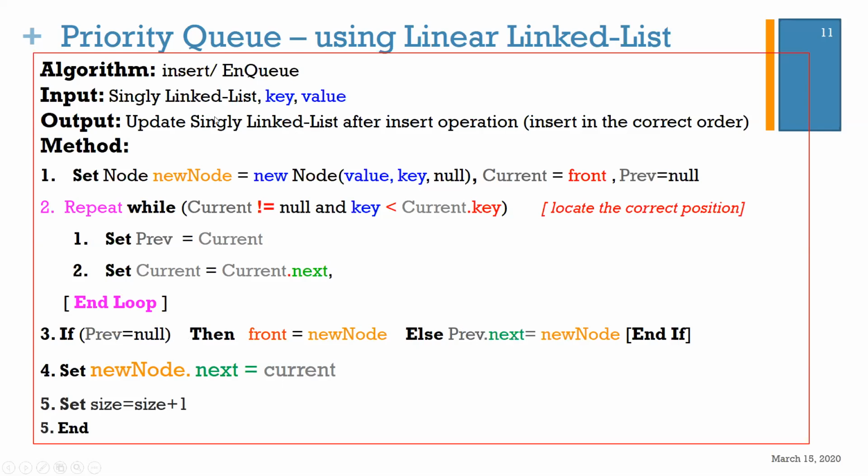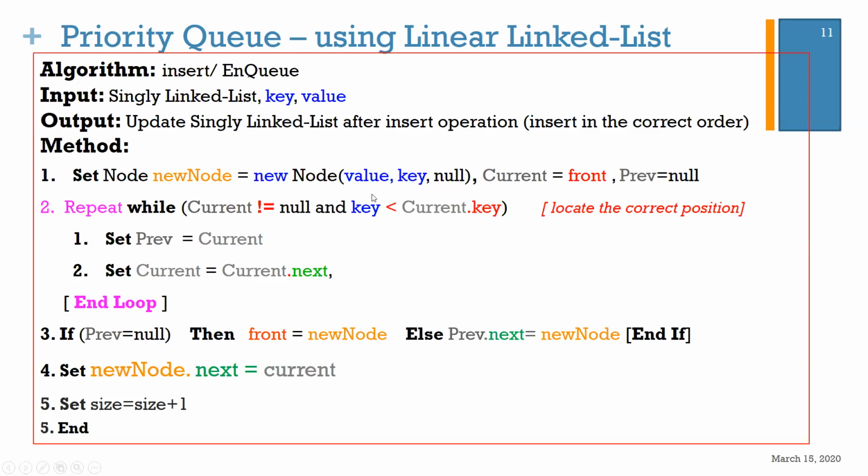This is how to add or insert a node in between in a linked list. To insert a node in between, we check the order of the node. We need k here, the index of the node.